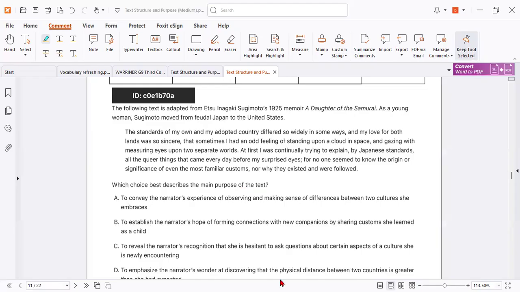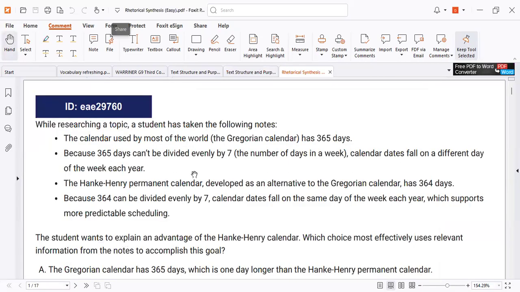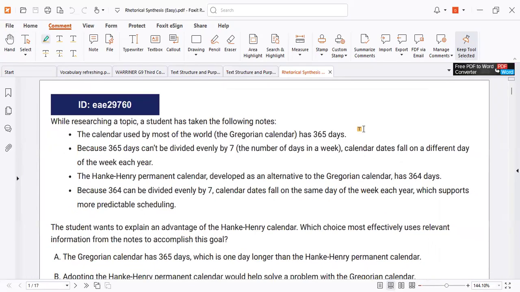Now let's practice some official questions. We'll answer only one question and then we'll finish. Don't worry. This is the new file I send you. Let me answer number one and then finish. Let me read the question carefully.